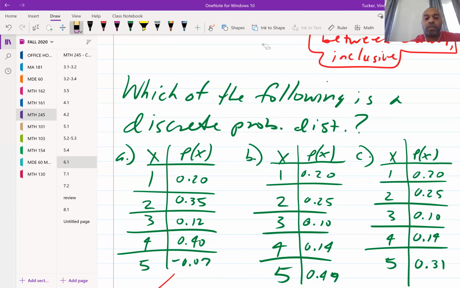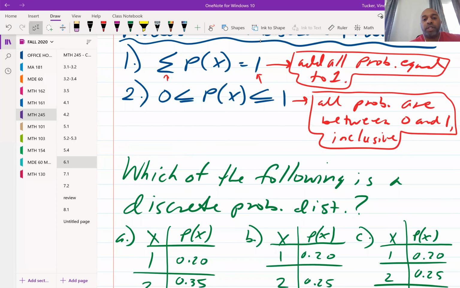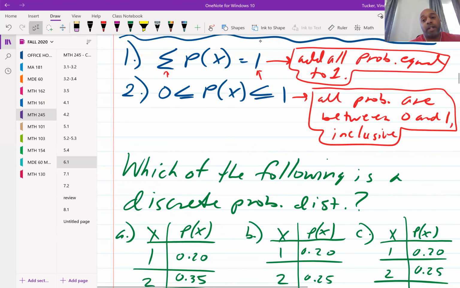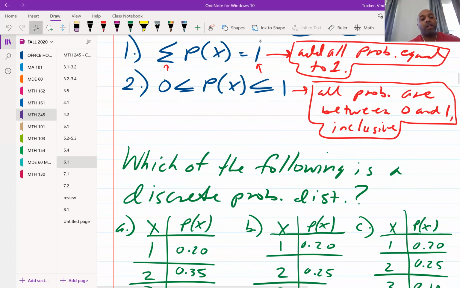All right, so looking at the first one, remember it has to fit both rules. They have to be in between 0 and 1 for rule 2, and all of them have to add up to 1 for rule 1.